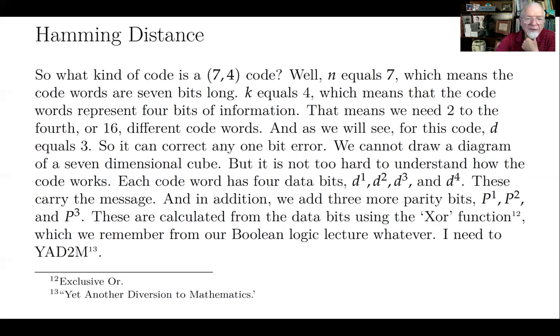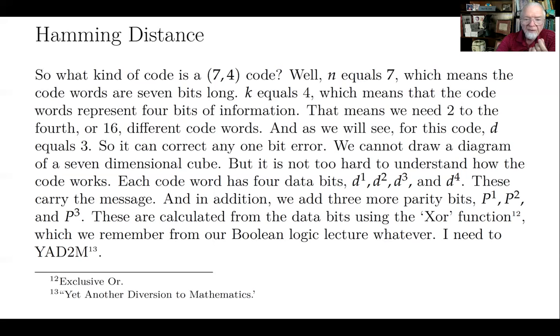So what kind of a code is a 7,4 code? Well, N is the number of bits that are sent, 7. And 4 is the number of bits that the code can represent. So 4 bits of information.